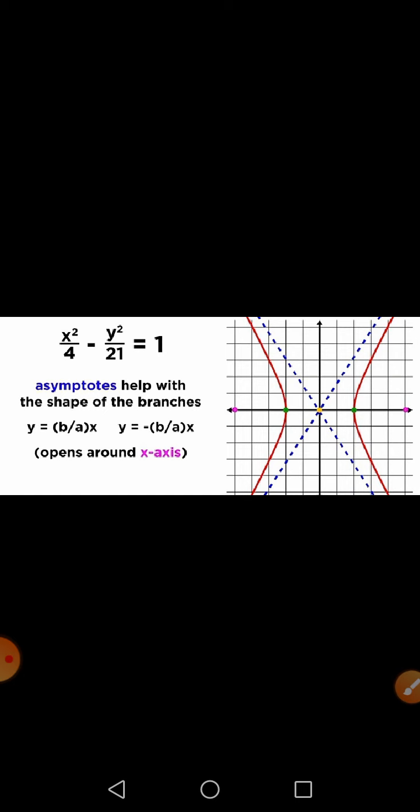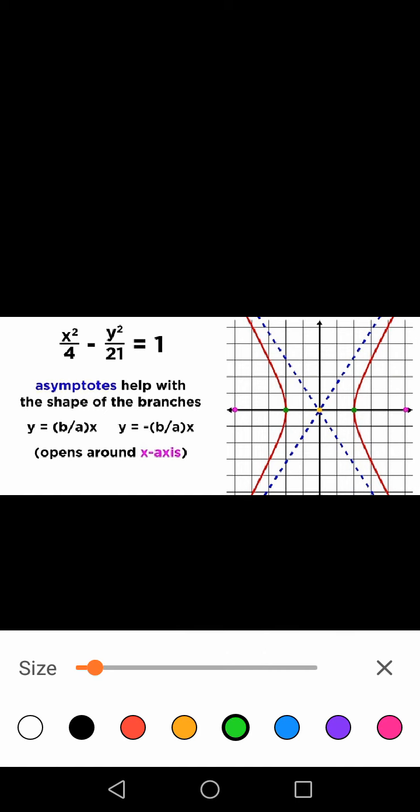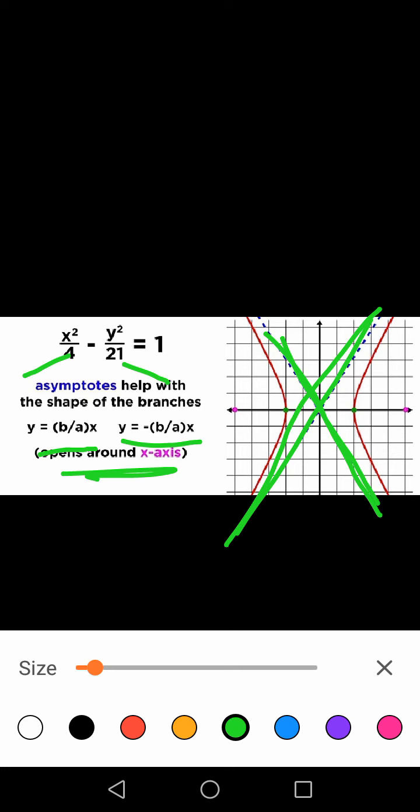Okay, the asymptotes. What is the asymptote? The asymptote is these lines, this dotted or dashed line. It's called y equals b over a times x or y equals negative b over a times x when it's around the x-axis, as here is a and here is b, a squared and b squared.